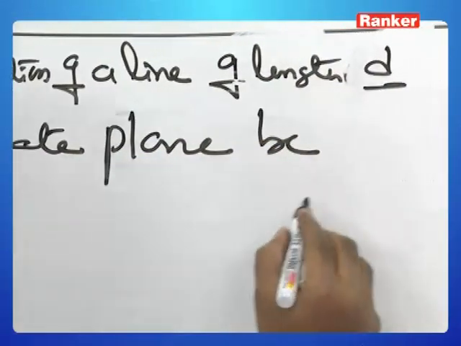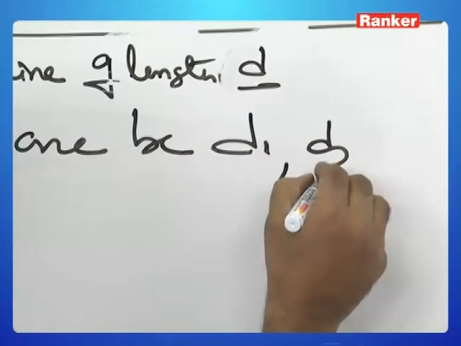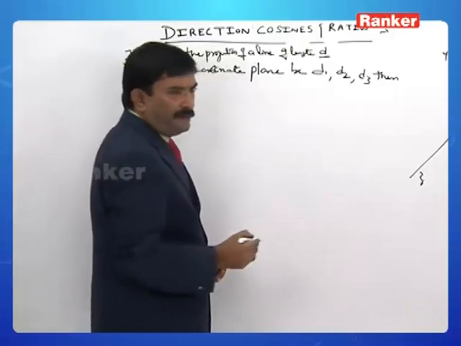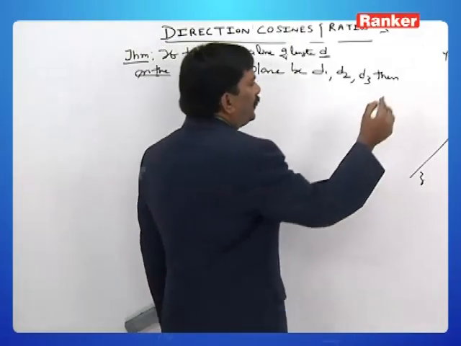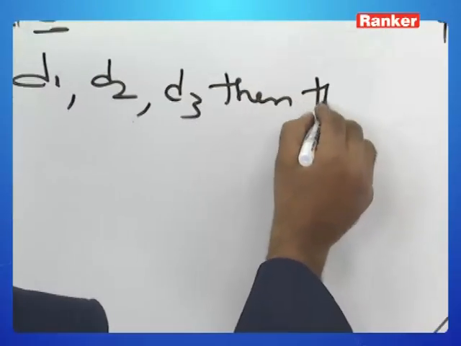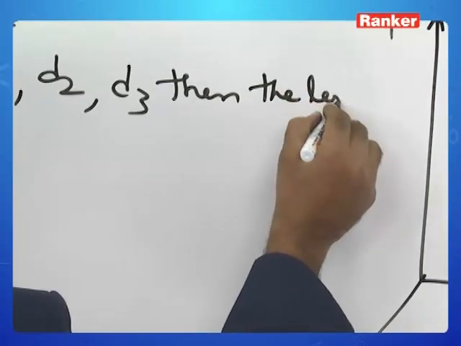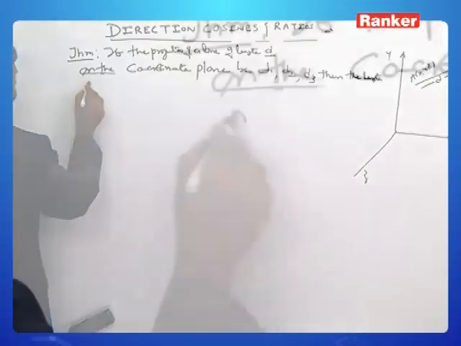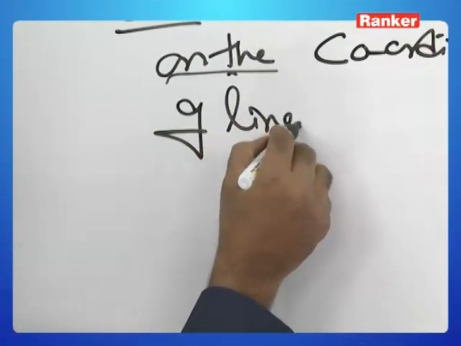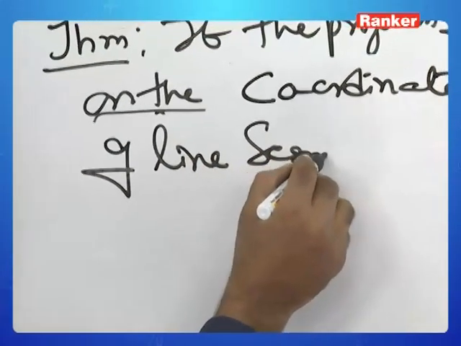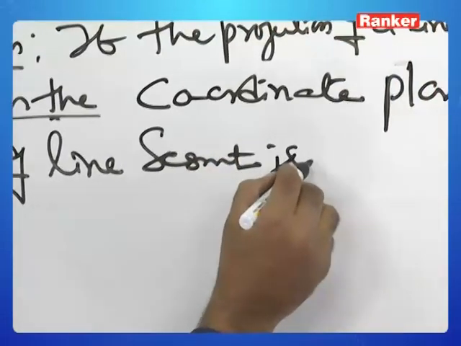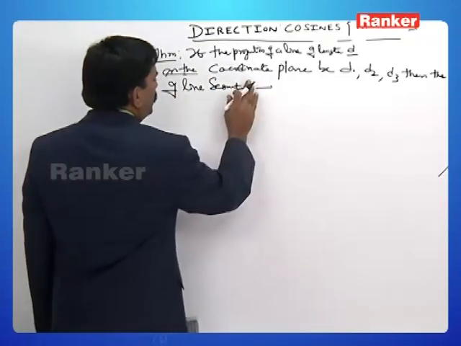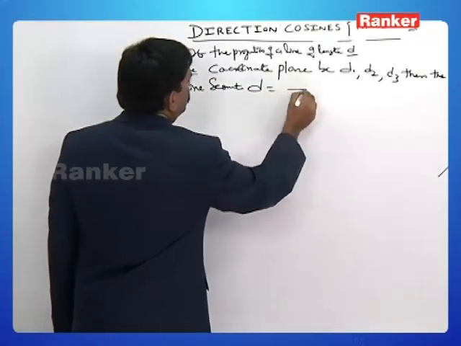The projection of a line of length d on the coordinate planes are d1, d2, d3. Then the length of the line segment d is equal to dash.